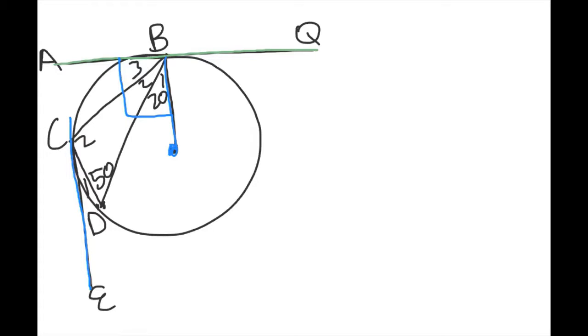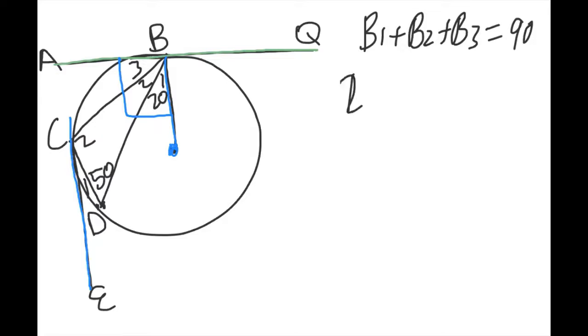So we can write separately here, B1 plus B2 plus B3 equals 90. Just park that somewhere. We already see B1 equals 20, that is given. So then we can say 20 plus B2 plus B3 equals 90. I'm just writing it down for now.